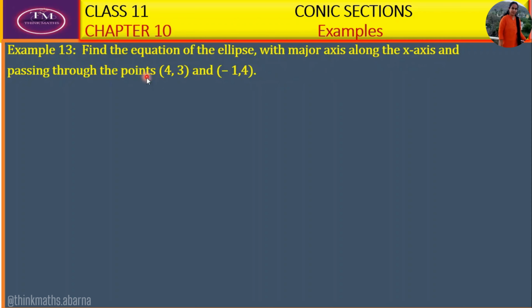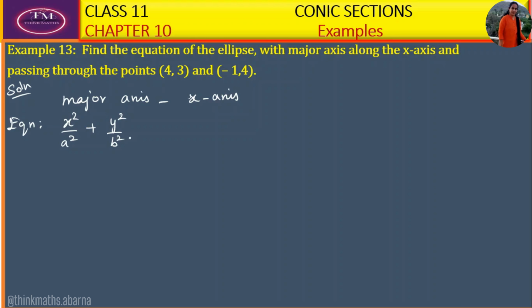So the equation of the ellipse will be x square by a square plus y square by b square equal to 1. So this is the equation of the ellipse.